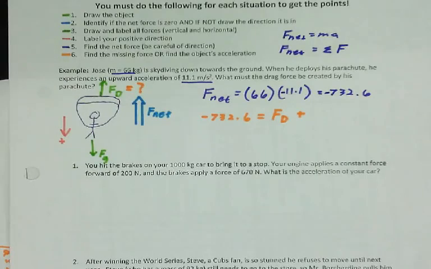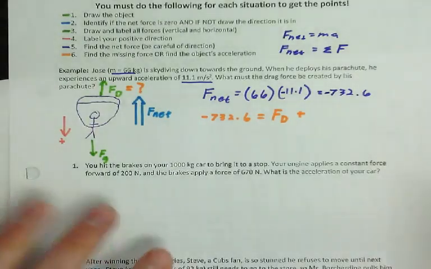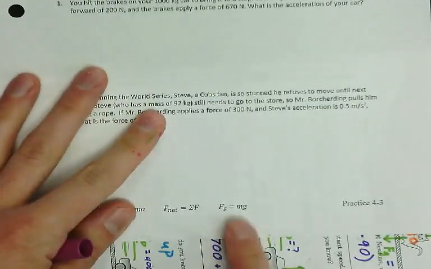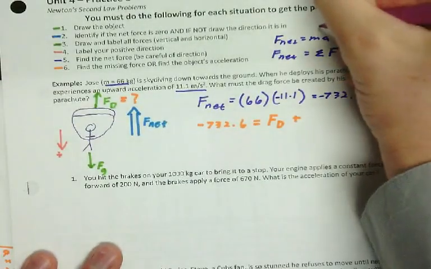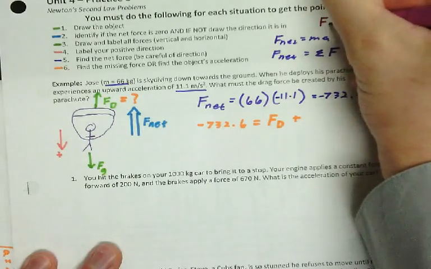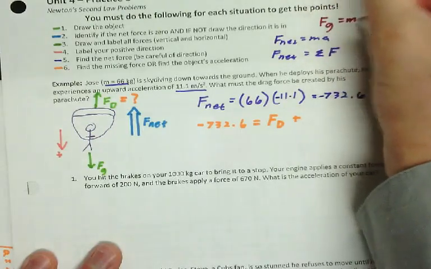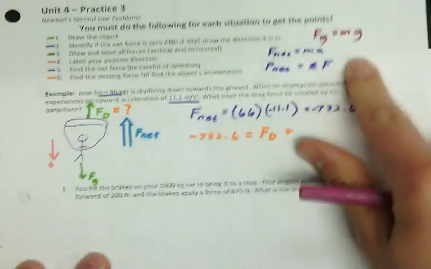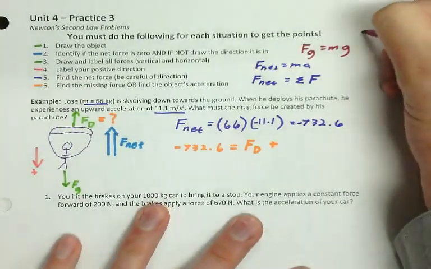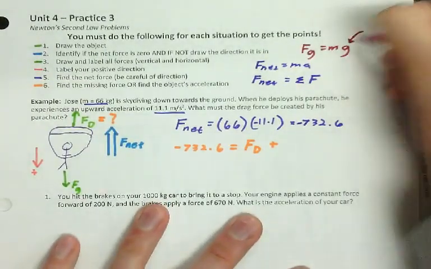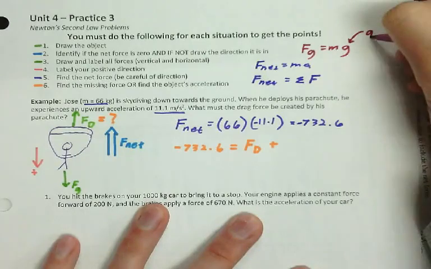I don't know what gravity is. Didn't give it to me. There's one more thing we haven't done yet. The last thing we haven't done yet is use this last equation, Fg equals mg. All I have to do to find the force of gravity is multiply the mass by g. And if you've forgotten, g from previous units is 9.8.